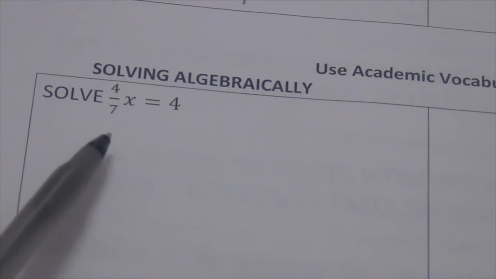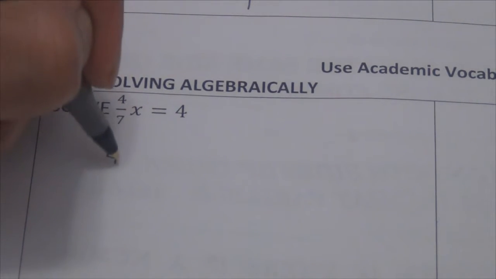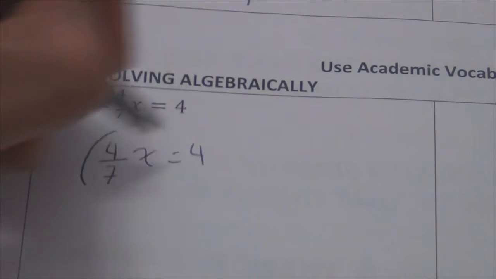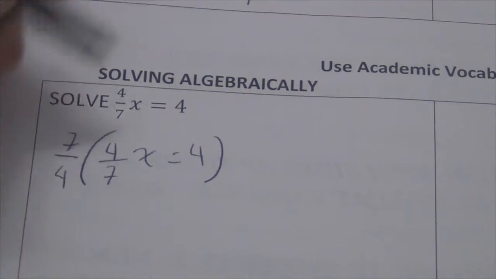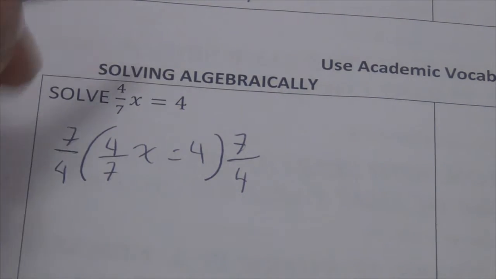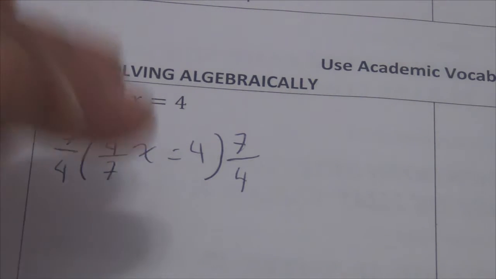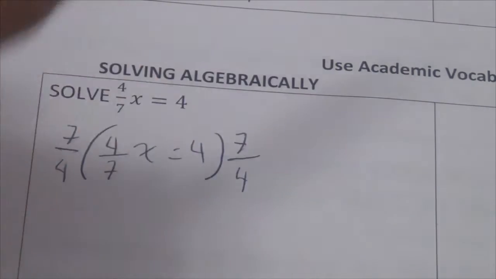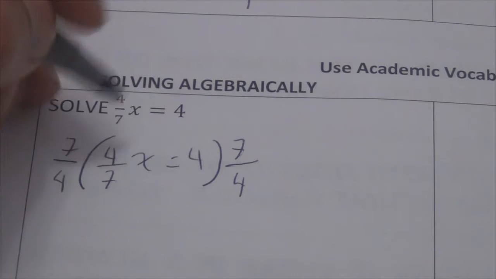So I could just multiply, 4/7x equals 4, by the reciprocal or multiplicative inverse of this one. You see that? Boom, boom, boom. Now, I don't want to confuse you. If you start to get confused, then use the method with all the rules and follow them, tip to toe.